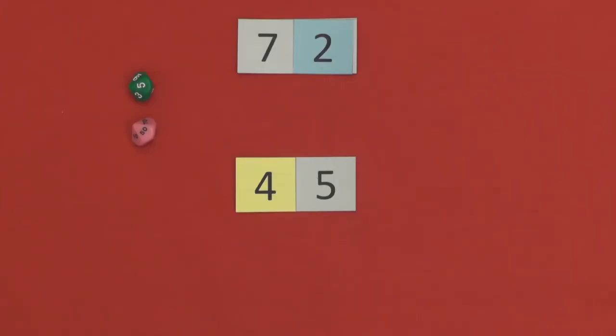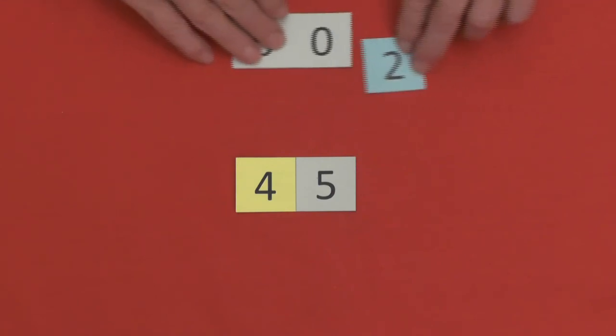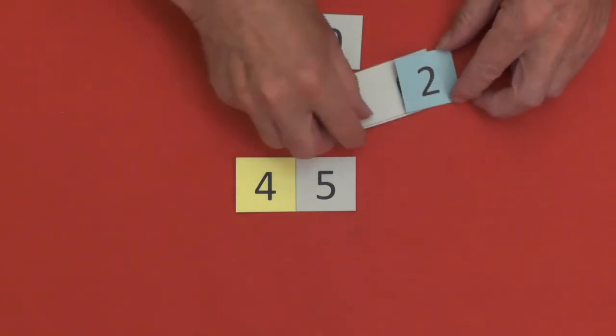It's also possible to use the number strips. I throw the 2 first dice of base 10, and maybe I got 72, take away 45. So first of all, 2 take away 5. That's not possible. So I replace the 70 with a 60 and a 10.